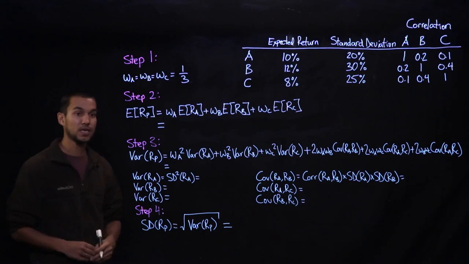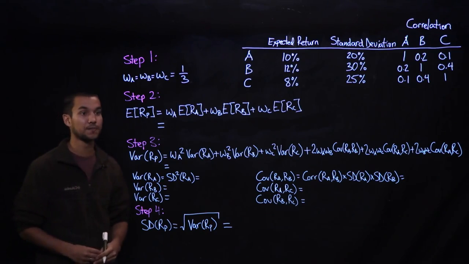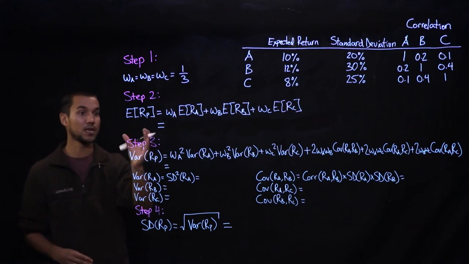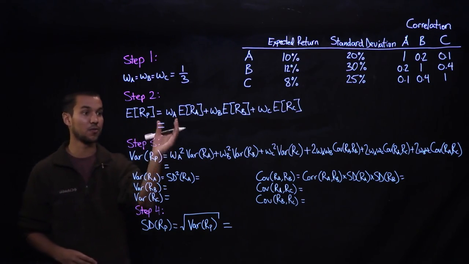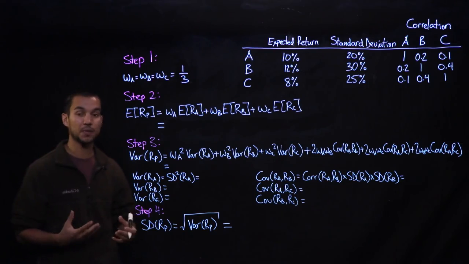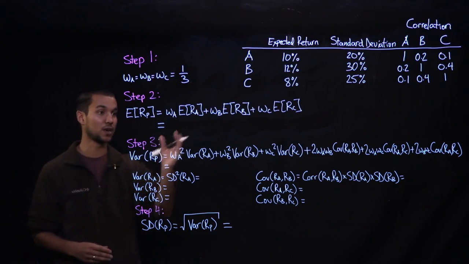Next, we can calculate the expected portfolio return. We do this by recalling that the expected portfolio return is going to be a weighted average of the expected returns of our underlying stocks.